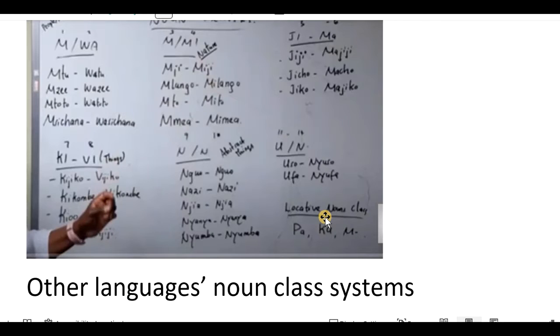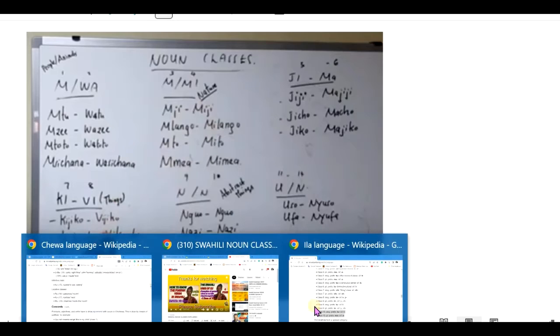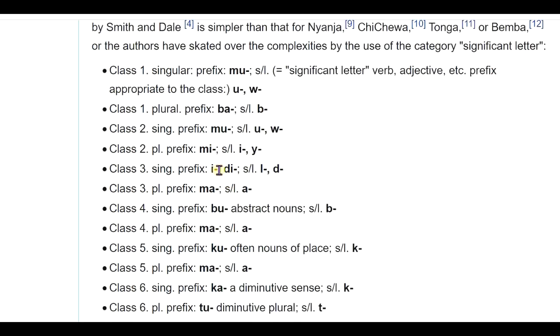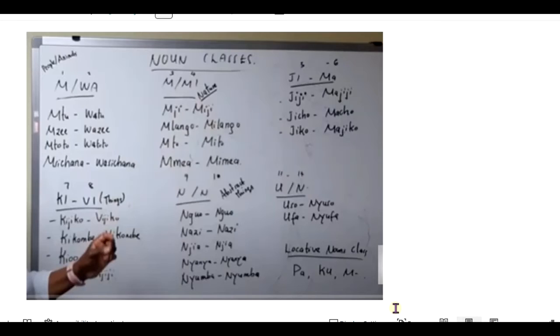This is a different way of organizing. The Ila system has organized it differently, so there's different ways of organizing it. I like the Ila system instead of using 1, 2 here and 3, 4. Actually, to me, this is one class.